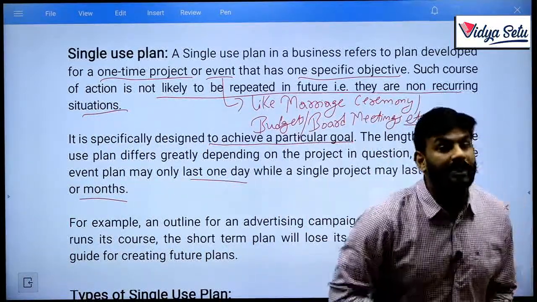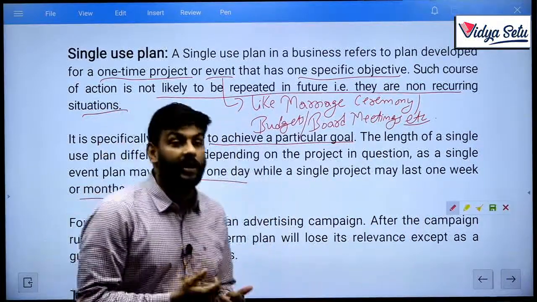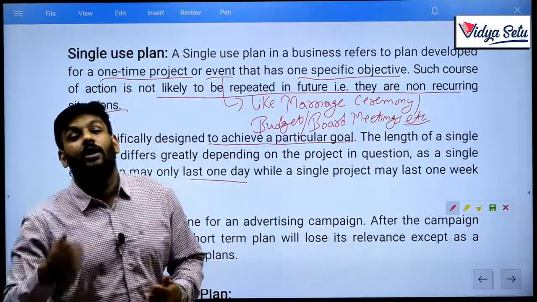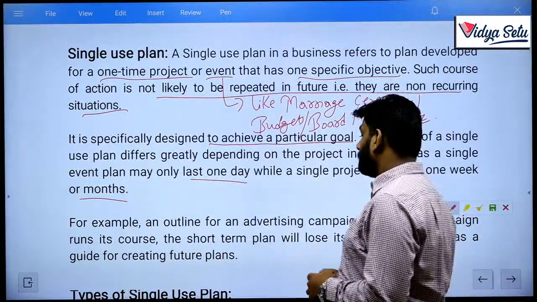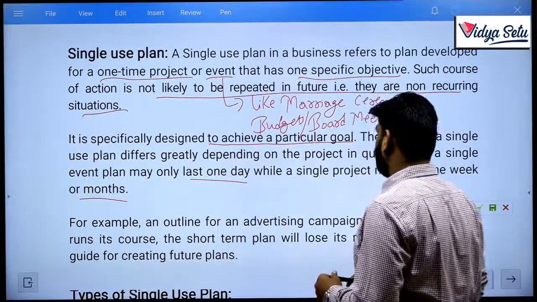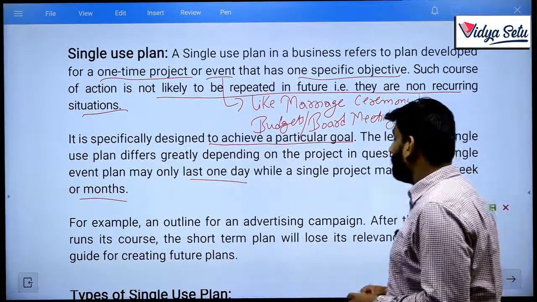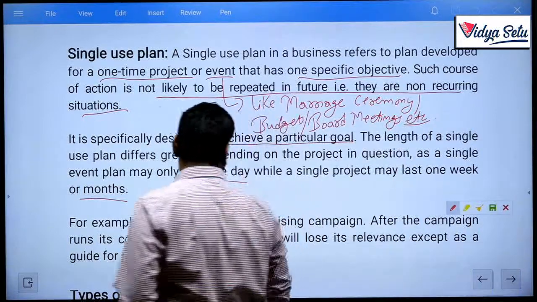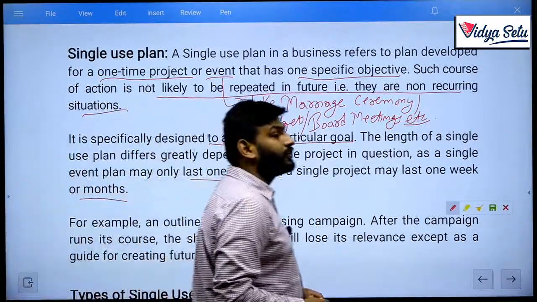So whenever you make a single use plan, its tenure is not decided; it is terminated when your project or situation is completed. For example, an outline for an advertising campaign. After the campaign runs its course, the short term plan will lose its relevance except as a guide for creating future plans.